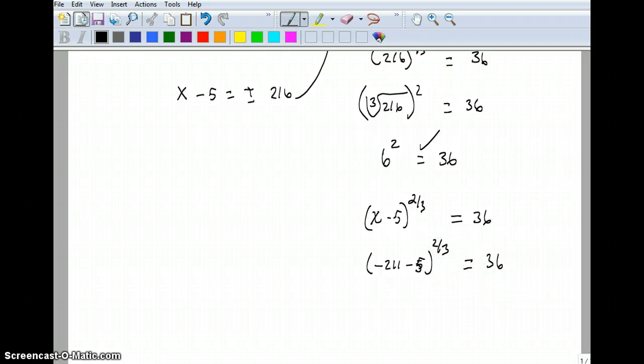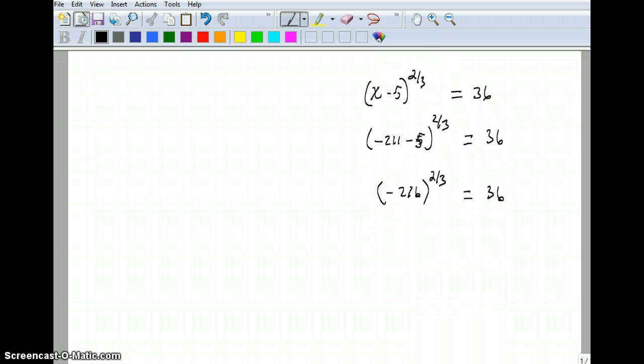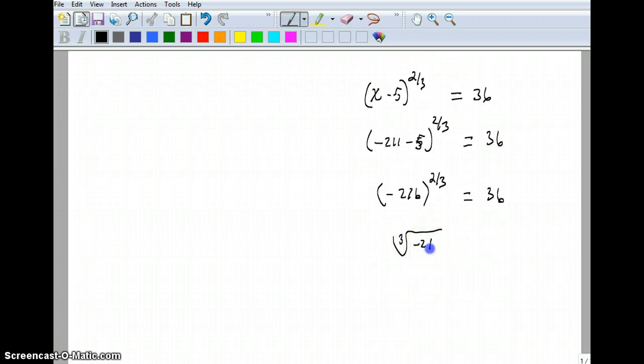Does that equal 36? Well, negative 211 minus 5 is negative 216 to the 2/3 power. I think you can see where this is going to go now. The cube root of a negative 216, and then squared, does that equal 36?